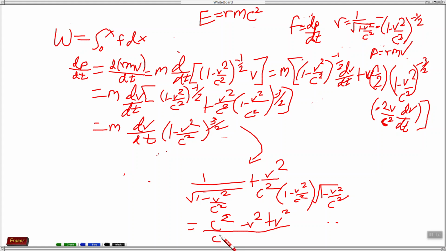That becomes c squared times 1 minus v squared over c squared, square root of 1 minus v squared over c squared.